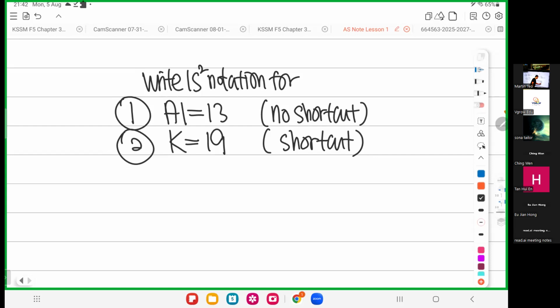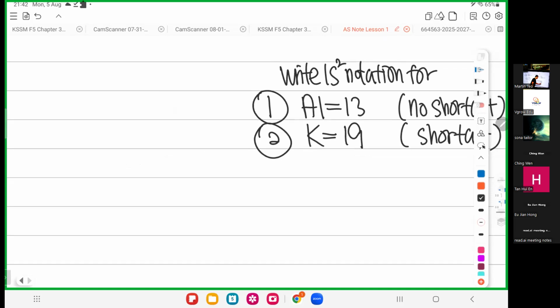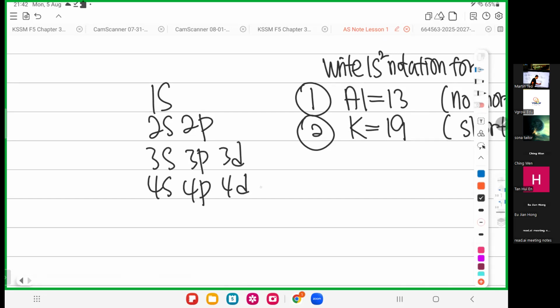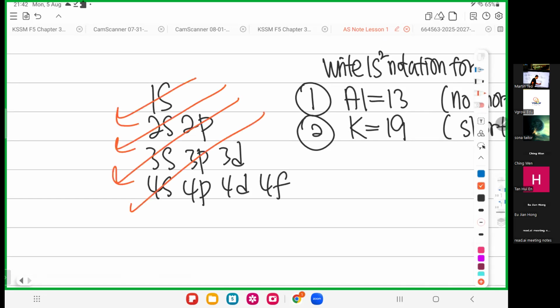Okay, so let's discuss. Remember how we write it? Write the parallel rule: 1s, 2s and 2p, third floor 3s, 3p, 3d, fourth floor 4s, 4p, 4d, 4f, and you go by your parallel rule.